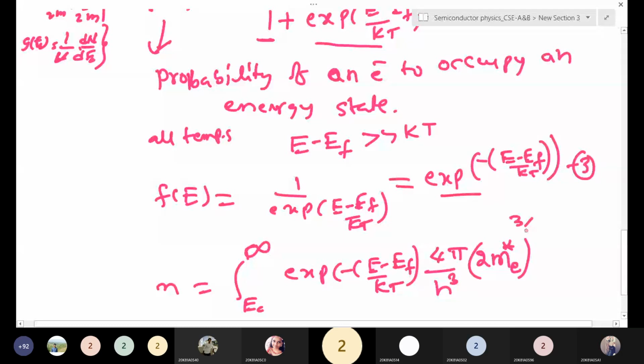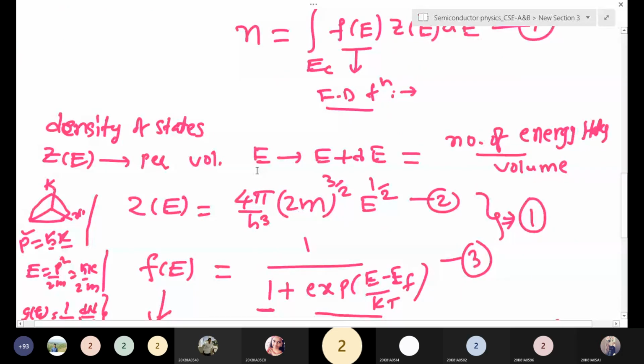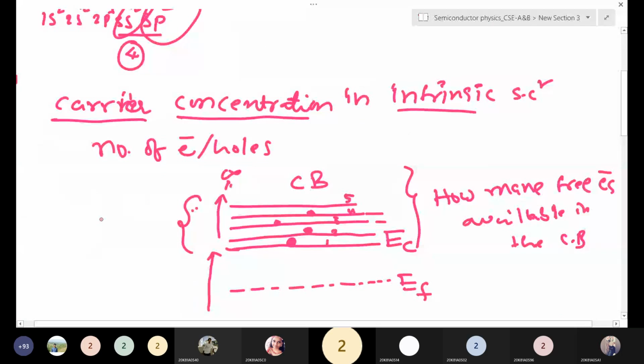Now, suppose we have electrons here. The total energy is equal to kinetic energy plus potential energy, right? The lowest energy here is EC, and the potential energy, let's keep it as it is, some height that we don't know.